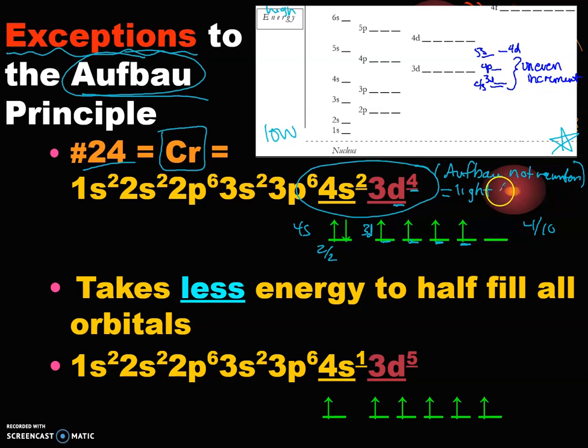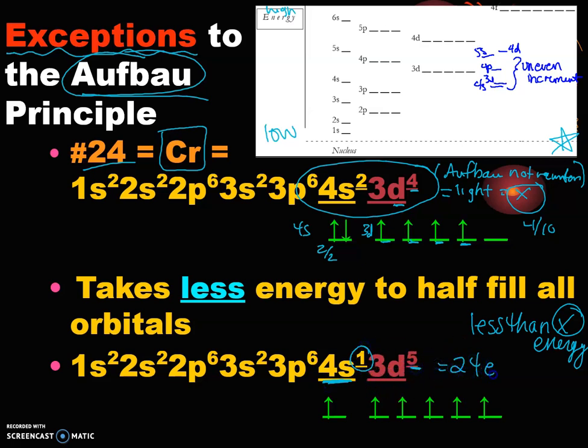But what they found is that this amount, let's say it's X amount of energy, is not what actually happens. It actually has less than X energy. And it looked more like something like this energy quantum or bundle, and that is 4s1 3d5.